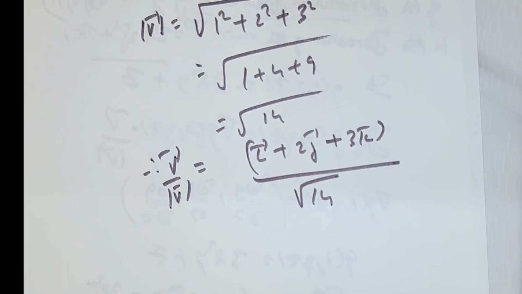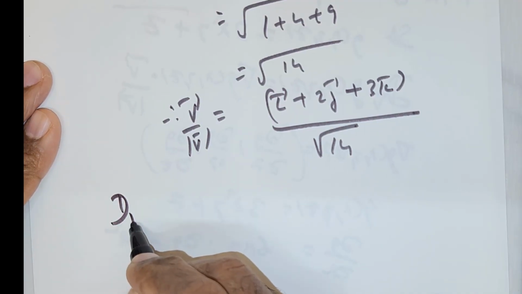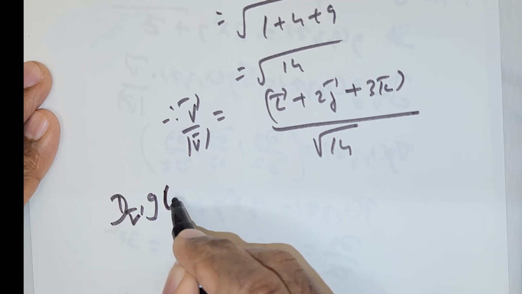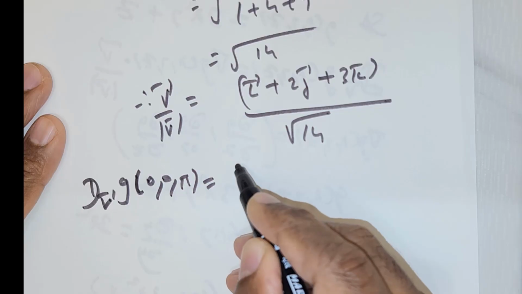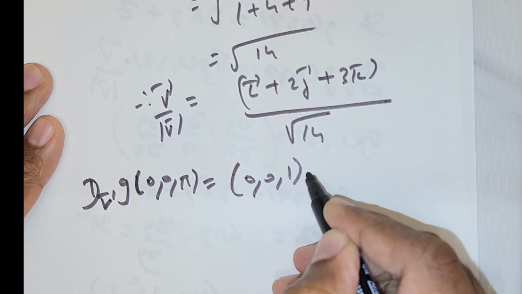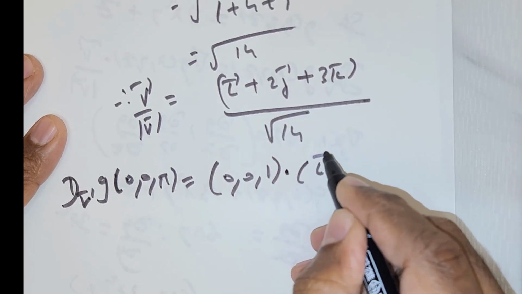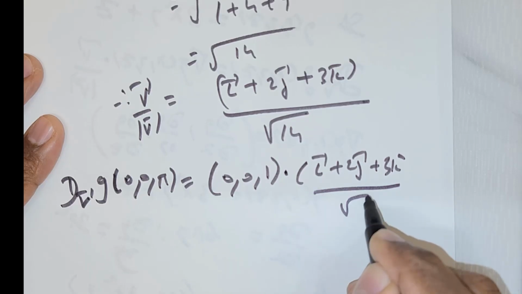So now what we have to do is find the directional derivative. So D_v of g at the point is equal to the gradient dotted with i vector plus 2j vector plus 3k vector, divided by root of 14.